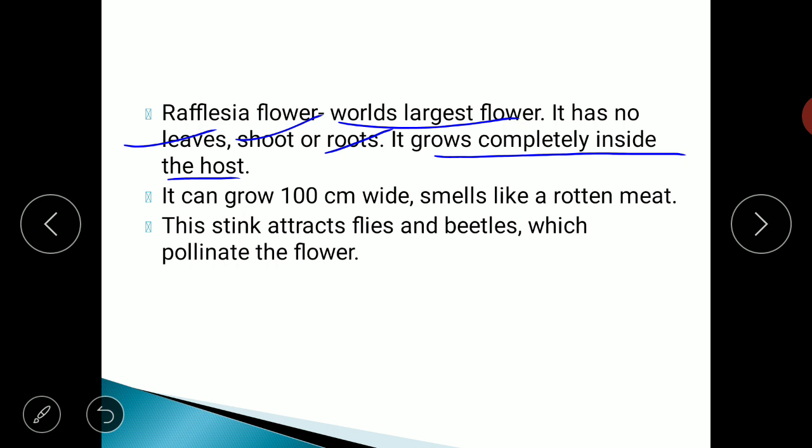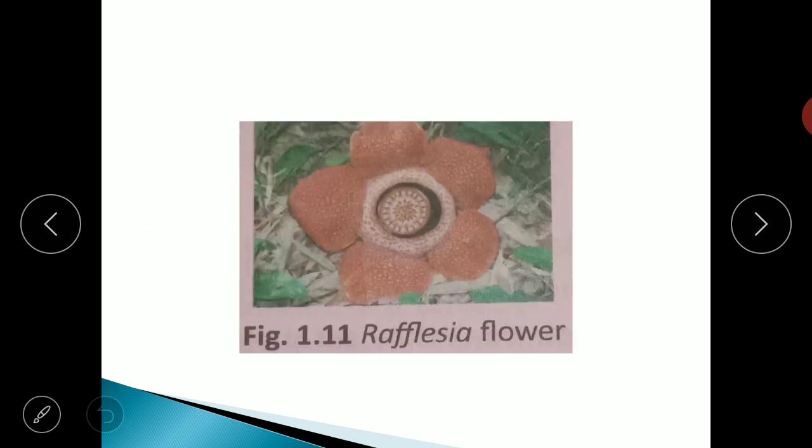This flower, the Rafflesia, can grow over 100 centimeters wide, and it smells like rotting meat. See, what a bad smell. And this stink attracts the flies and the beetles, which help to pollinate the flower. This is the Rafflesia flower.